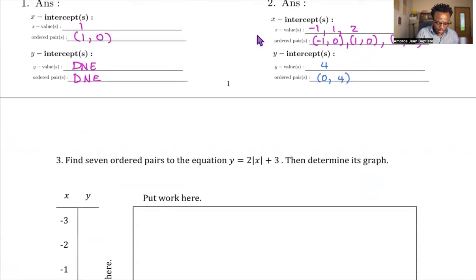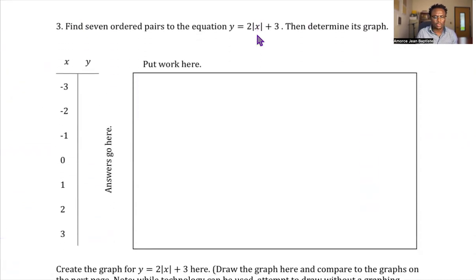Now, you have the ability to identify intercepts or ordered pairs, but the ordered pairs are not only the intercepts. When you have an equation, you can find a number of ordered pairs from the equation and then sketch the graph based on the pattern of the ordered pairs when you plot them in the coordinate system.